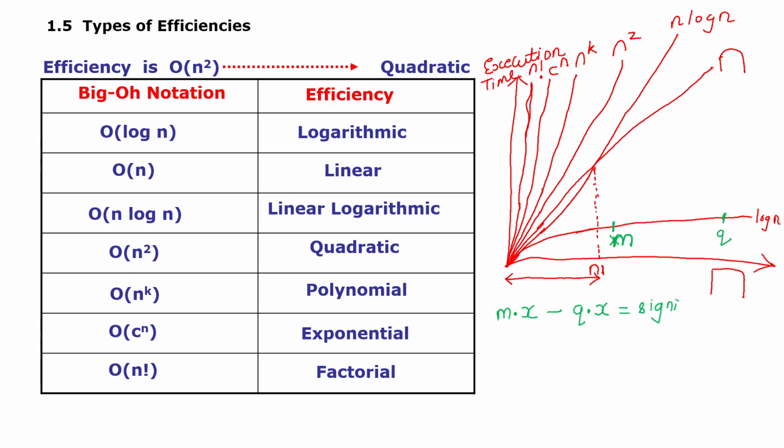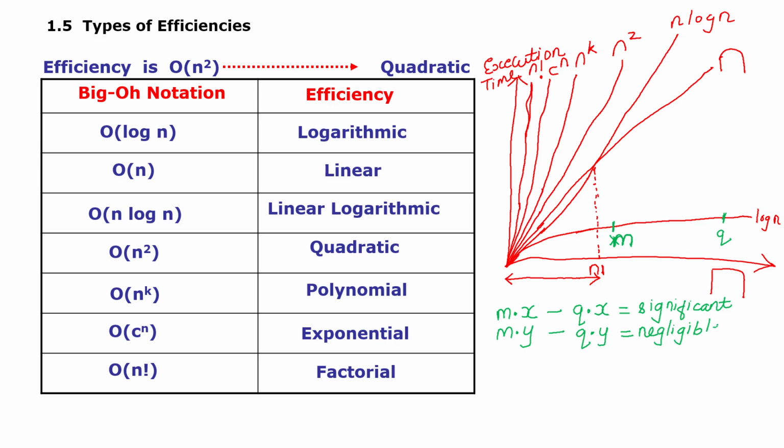Now you answer a question: the difference between the y coordinate of m and the y coordinate of q, m dot y and q dot y, is this difference substantial or negligible? The answer is very simple, the difference is negligible.